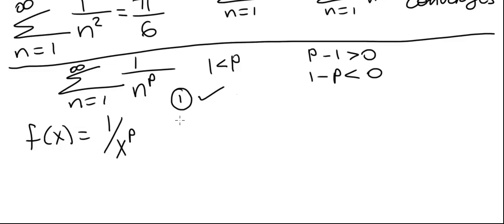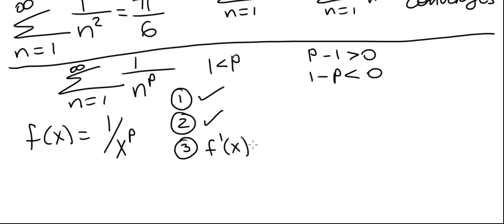The function is positive. Plugging in a positive value for x will yield a positive value for f of x. For the third condition, this function is decreasing. The bigger the x, the bigger is x to the p, so 1 over x to the p will be smaller. We can also take the derivative.